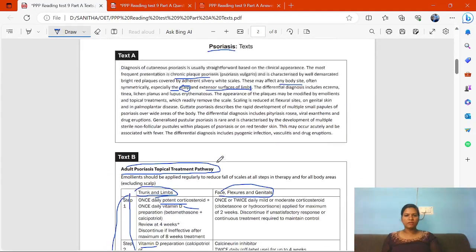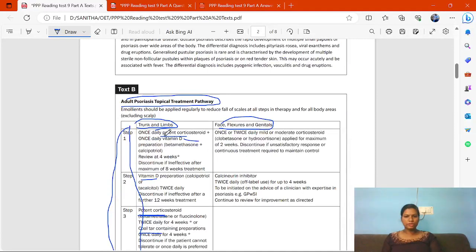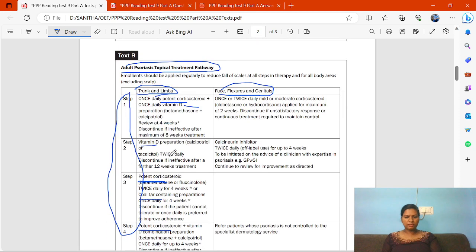Go to part B and look for non-steroid, child's trunk.